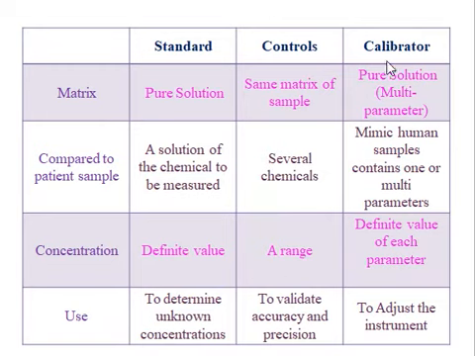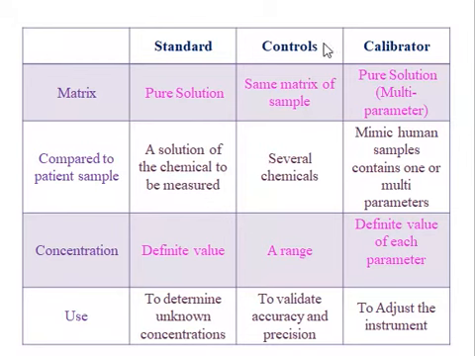A calibrator can be used instead of a standard, so to a certain limit it resembles a standard, or a standard can be considered like a calibrator. So the calibrator has a definite value for each parameter contained. The use of a standard is to determine the unknown concentration.